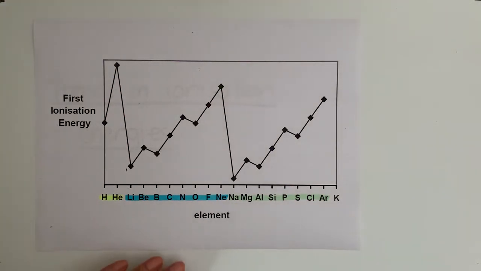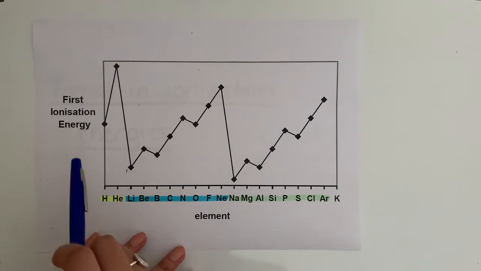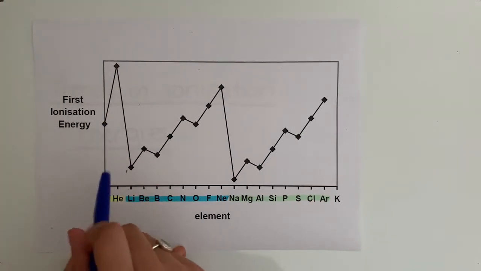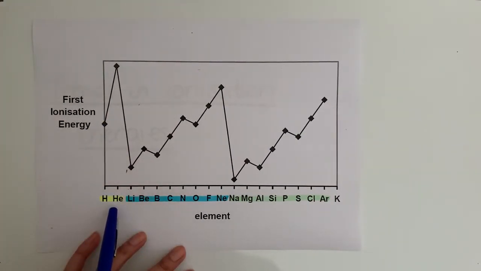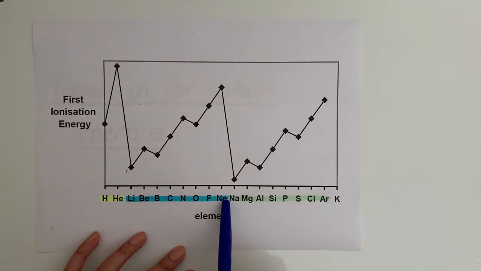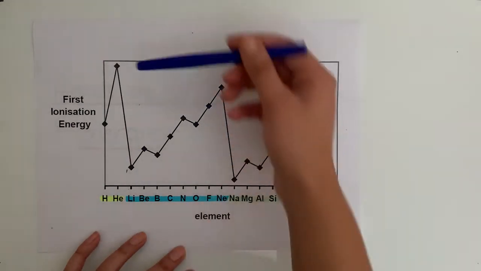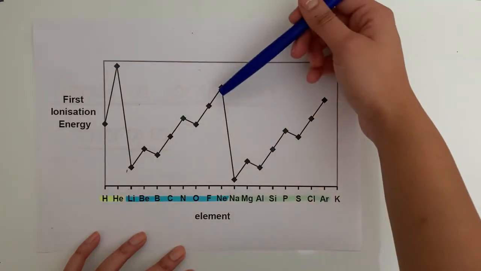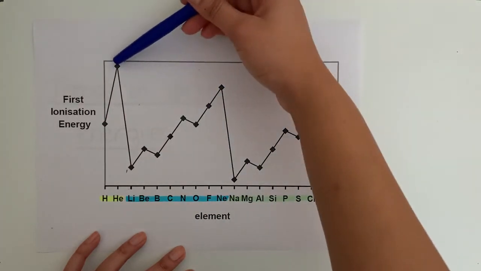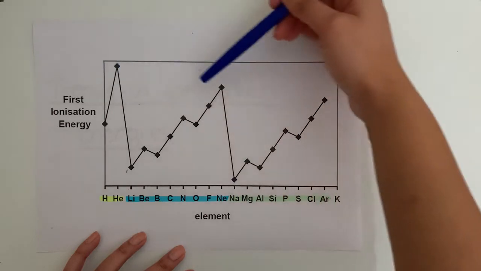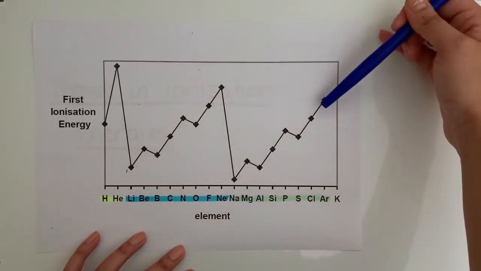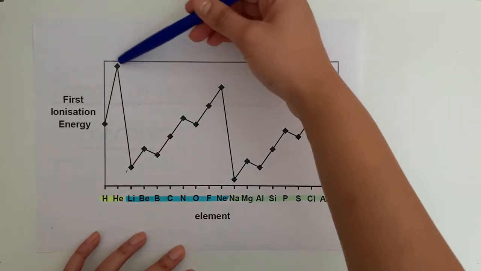The third trend is not very obvious on here, but it's the trend when we go down a group. Group 0, our noble gases, are helium, neon, and argon, which are basically the ones at the top over here. As we go down the group, from helium to neon to argon, there is a general decrease.